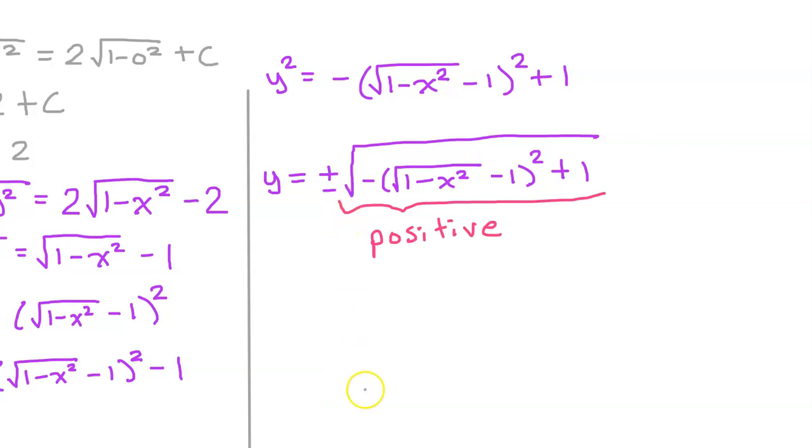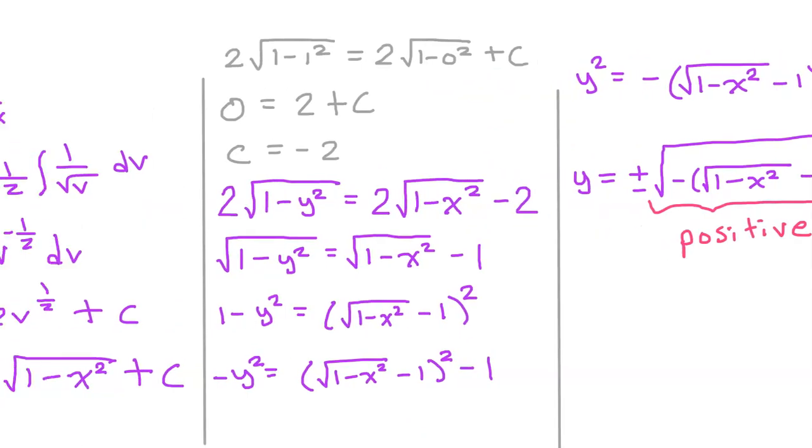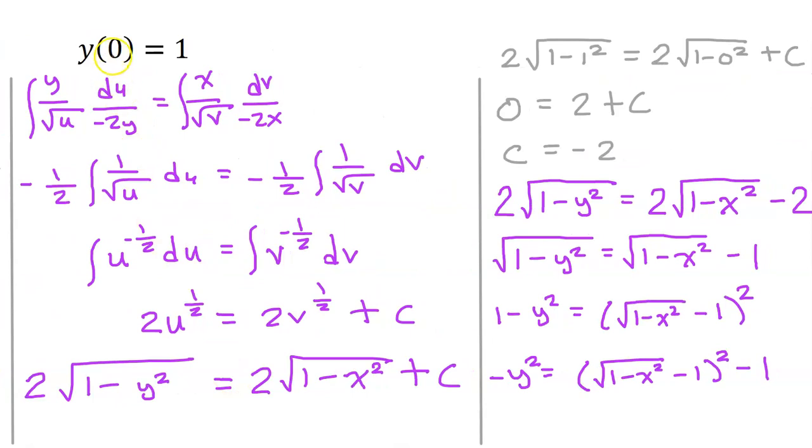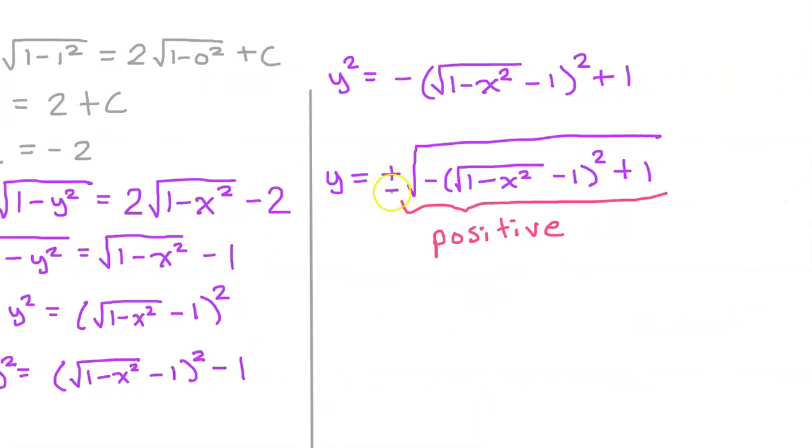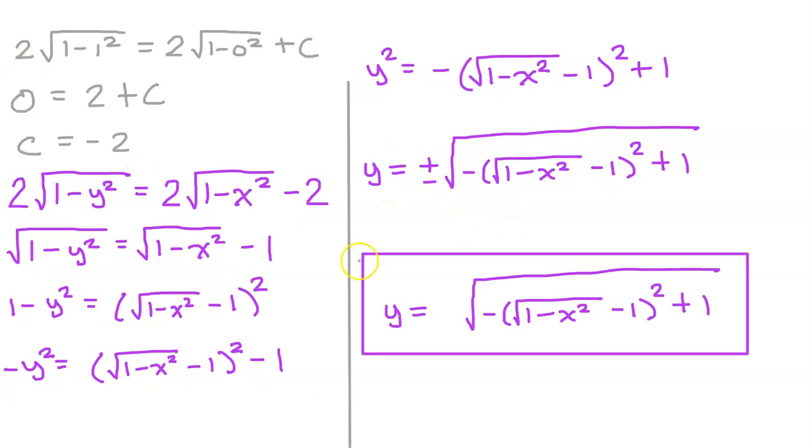And that is not what we want. We want to be able to put in 0 for x and get a positive 1 for y. The only way that will happen is if there's no negative in front and if it is just left to be positive. So this is the final answer.